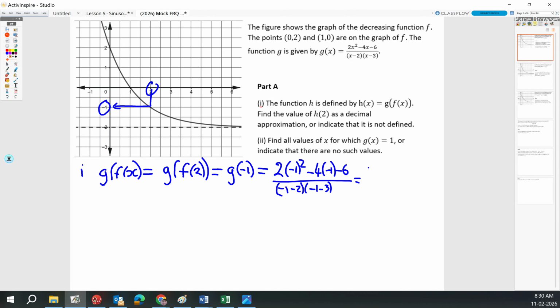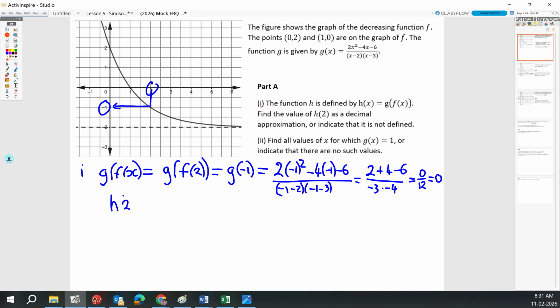So this is going to give us 2 plus 4 minus 6. This is going to give us minus 3 times minus 4. We can already see on the numerator it's going to be 0 over 12, which is 0. This is our answer.